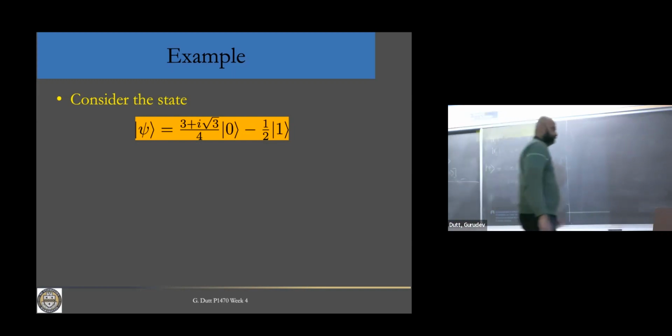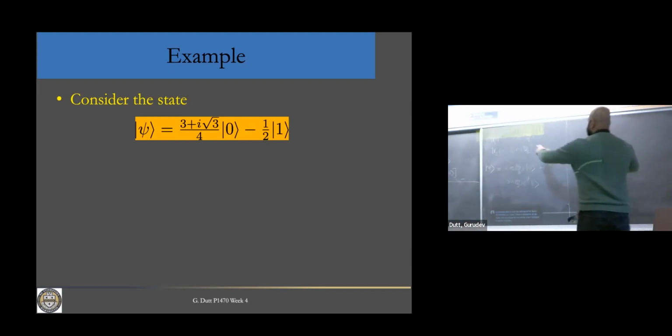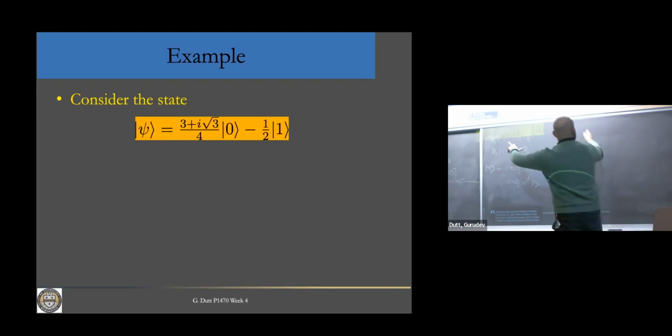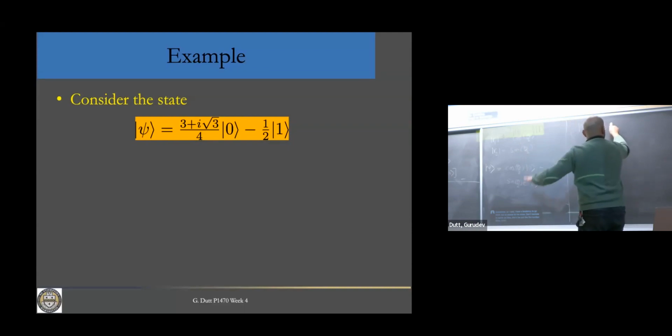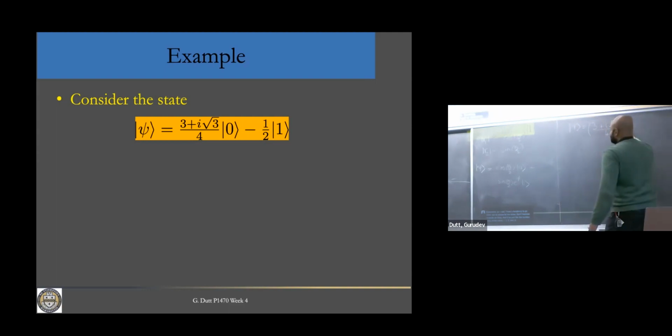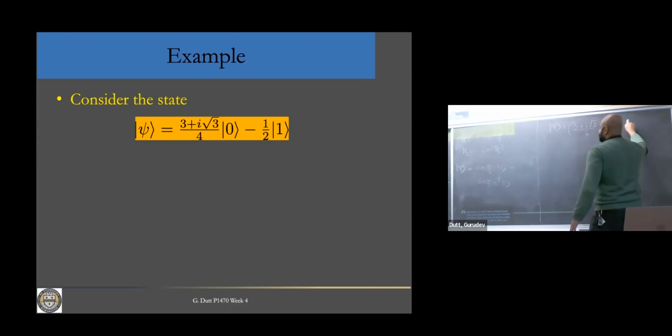Okay. Let me just write the number. Psi is 3 plus i root 3 over 4 and 0 minus 1/2. Okay.